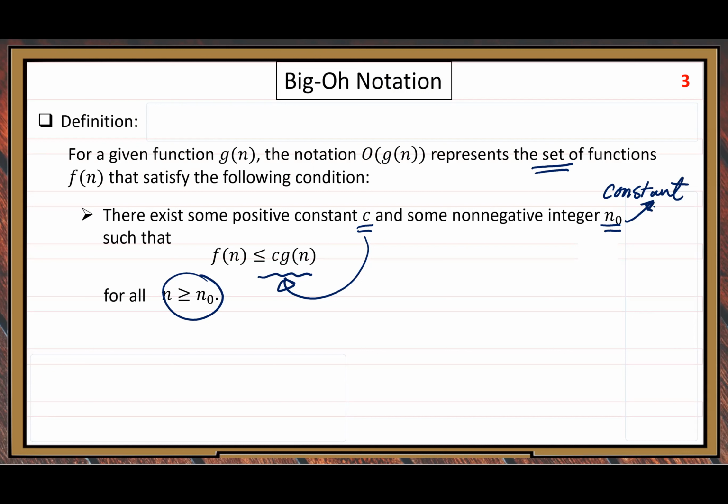The n is a variable, not a constant. It changes in a discrete way: 1, 2, 3, 4, 5. It takes discrete values, but it's a variable. So when you change the n values, you never change this n0, because it's a constant. After you select it, you have to fix it.